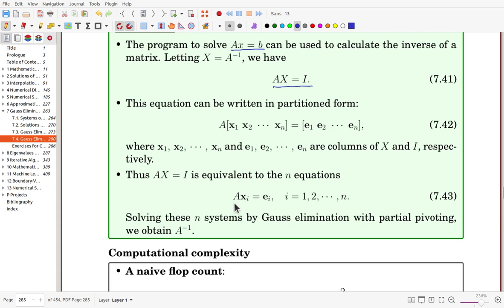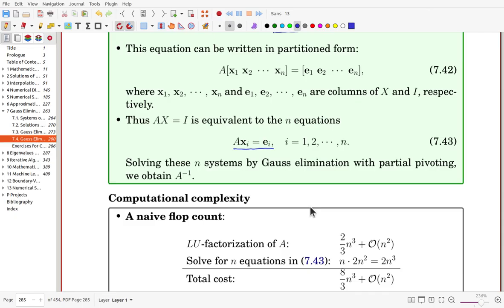So A xi equals ei, and we have to solve this equation n times. So you can make the LU factorization, and then for every ei, you can find xi, and then collect them to get A inverse. So that's the idea of getting A inverse.